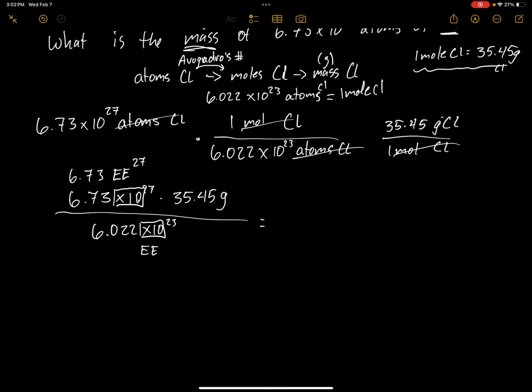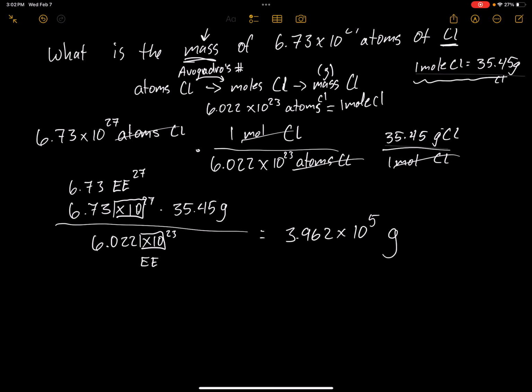This is also why sometimes your calculator will represent things like 3.962 times, and it'll say, instead of times 10 to the, it'll just say EE, like this. Okay, so this is the number of grams that we would have.